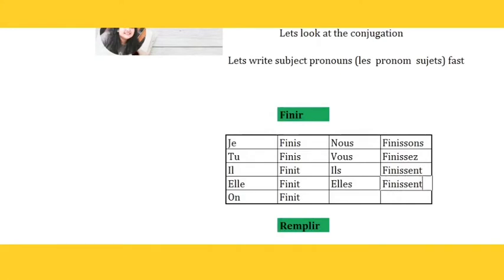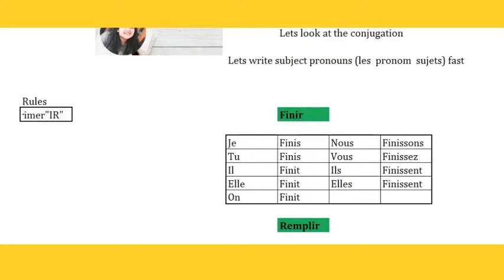Did you notice a pattern here? If not, then let me write it for you. Rules. So number one, what we are doing is deleting IR from the infinitive verb. Okay, so first of all, we are supprimer IR.